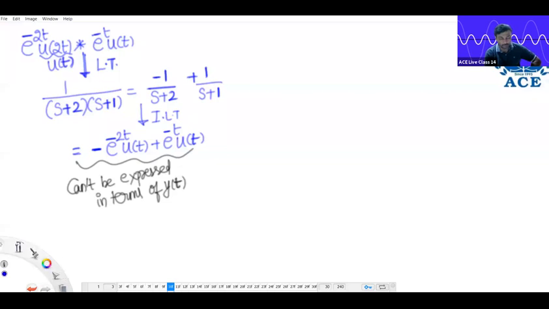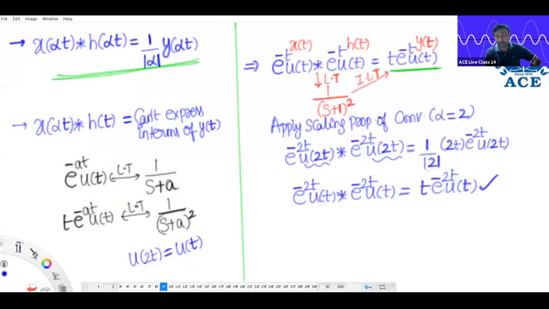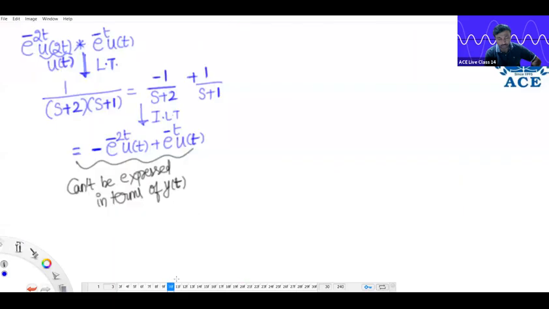Because the y of t result we got in our last slide was t times e power minus t ut. That answer is different. Input scaled, system as it is means we cannot express in terms of output.